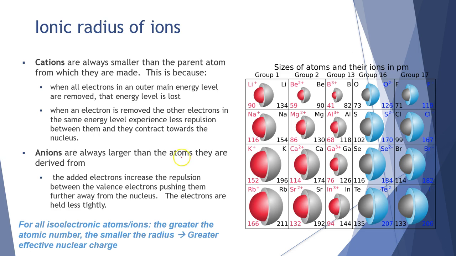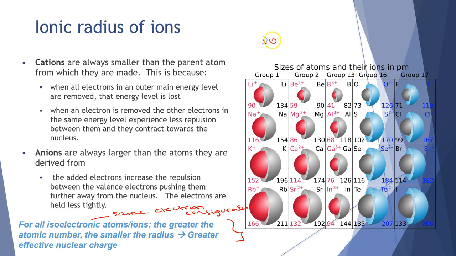For isoelectronic atoms or ions, the greater the atomic number, the smaller the radius, because of the greater effective nuclear charge. Isoelectronic means atoms with the same electron configuration. If we think about sodium, a sodium ion is going to be Na+.